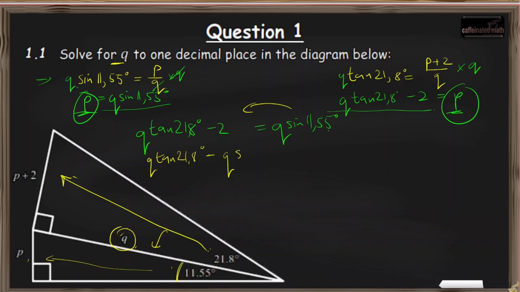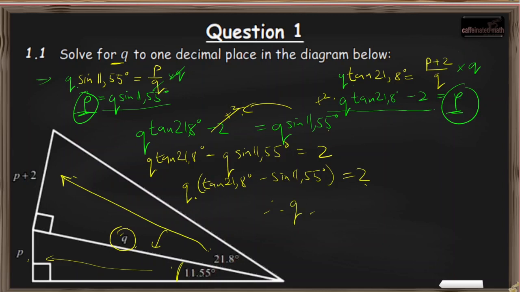So that's Q multiplied by sine of 11,55 degrees, and then obviously just add 2 to both sides because we want this to zero out. Now on the left hand side, we can factorize Q, and we'll have tan of 21,8 degrees minus sine of 11,55 degrees, all equal to 2.